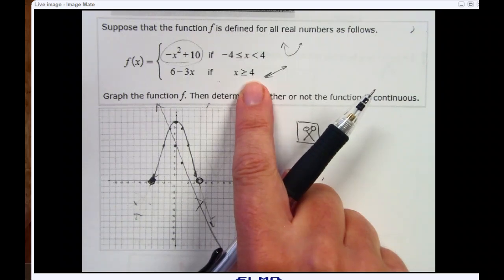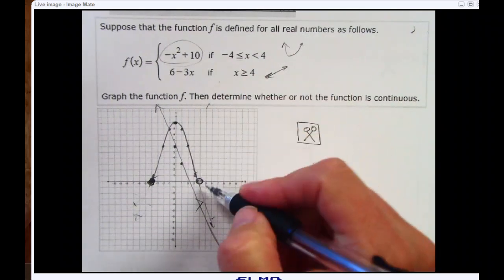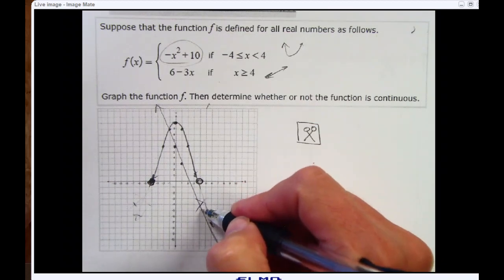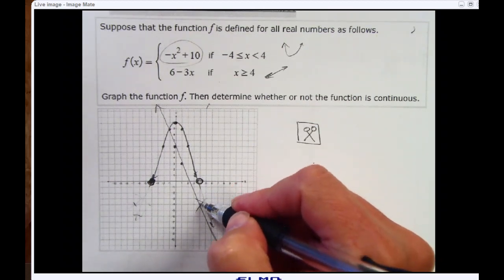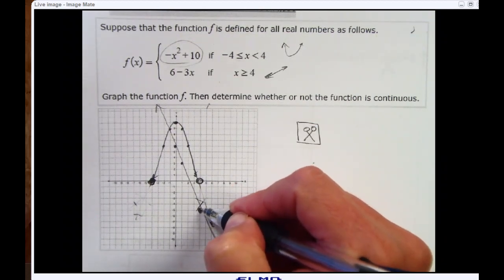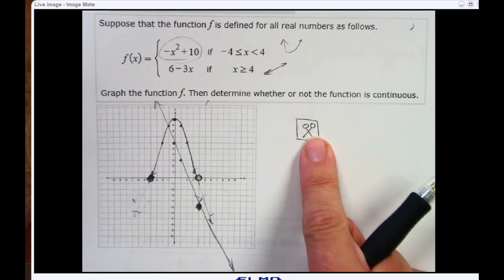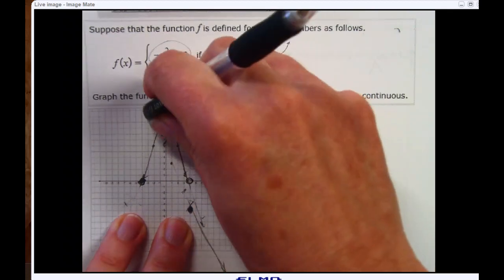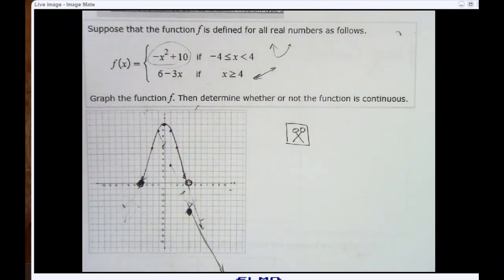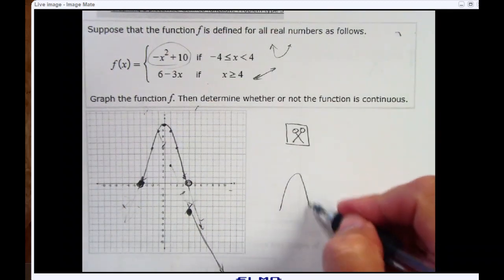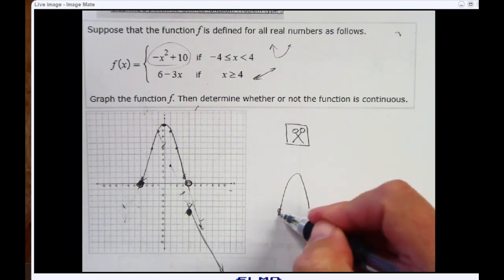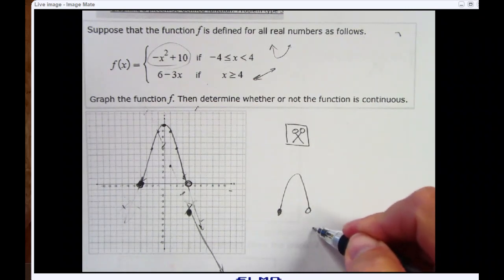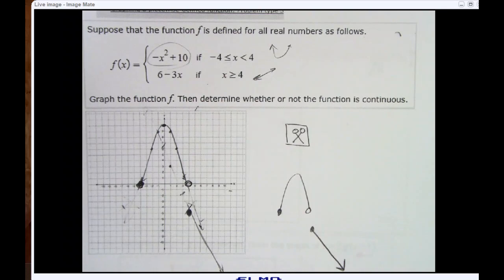You're right. Only if what? X is greater than or equal to 4. So right here? Yeah. So 4, I come down to my function. And then what are you going to grab? The scissors. And you're going to cut off the piece that doesn't exist. So then I've got this nifty closed, open, and then you have your line going down from there.